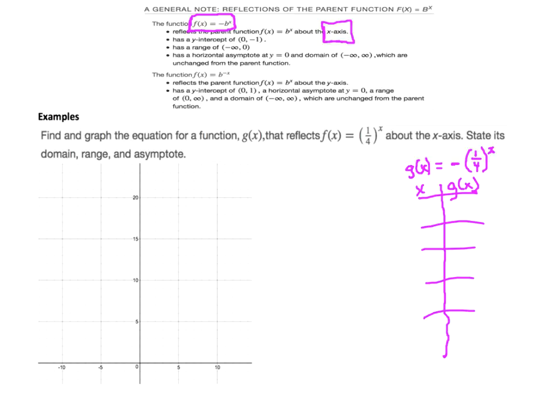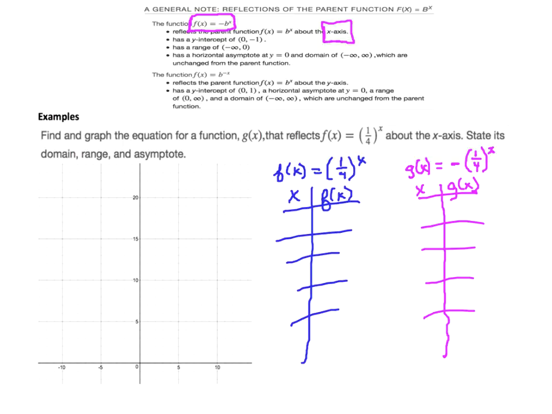Okay, so let's start with our parent. f of x equals 1/4 to the x. We have 0, 1, -2, 16, -1, 4, 1, 1/4, 2, 1/16.